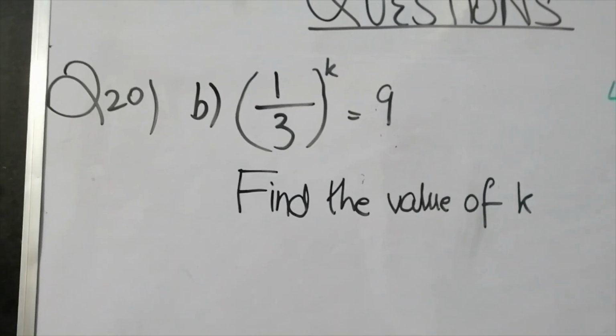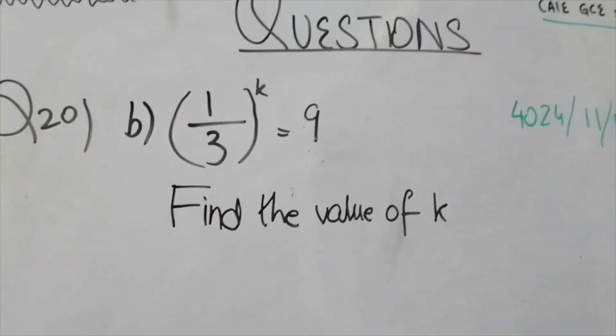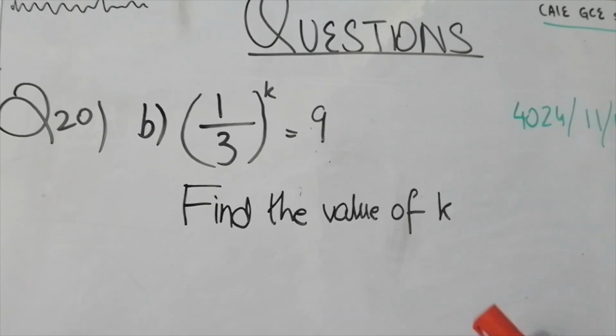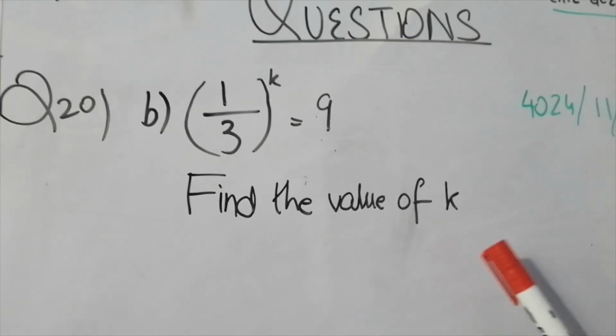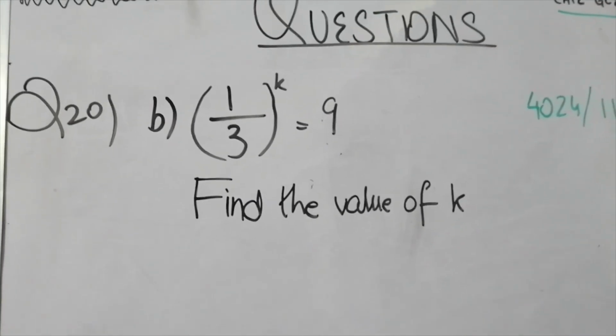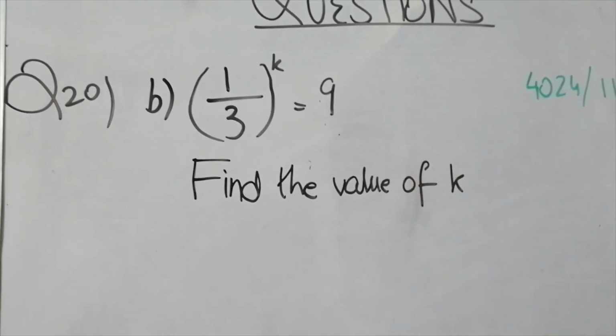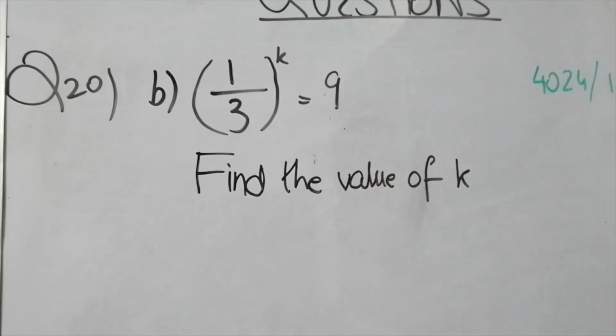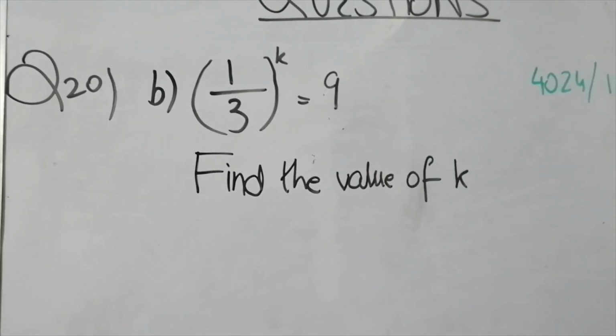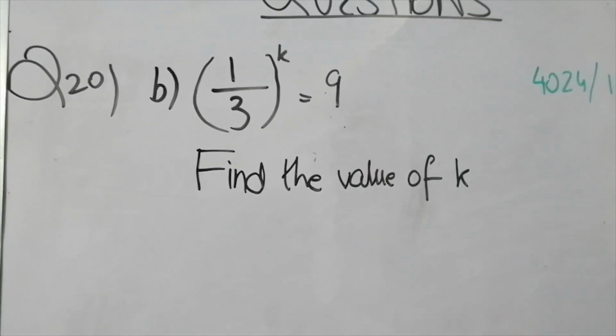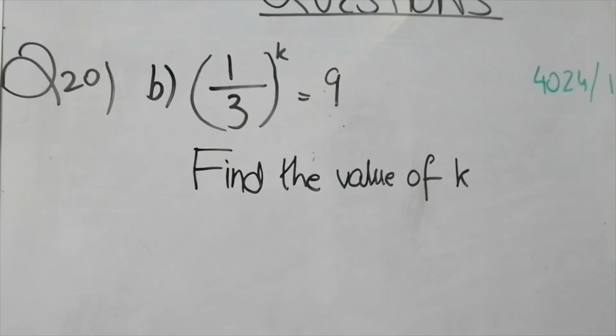In the B part of this question, we can see that this is a bit of a tricky question, and this is very common in papers, to find the value of k in such an equation. So the equation is 1 over 3 whole power k equals 9, and they have asked us to find the value of k. There are multiple rules being used here.